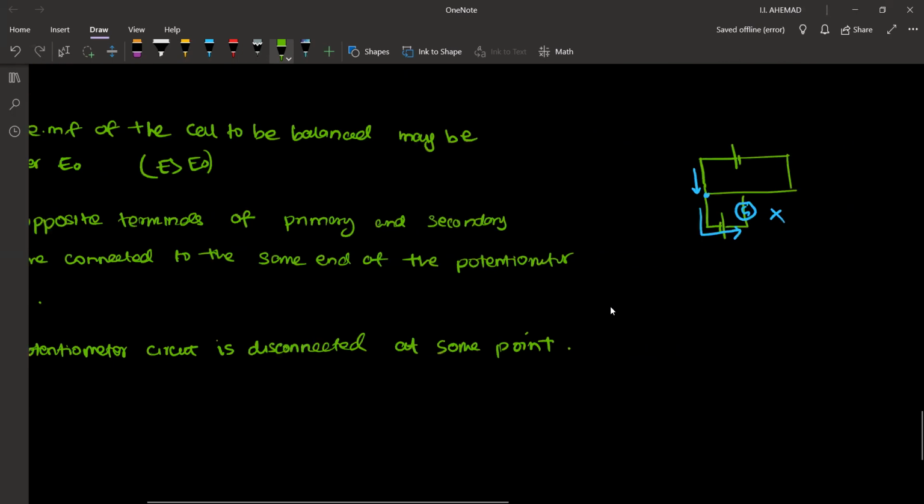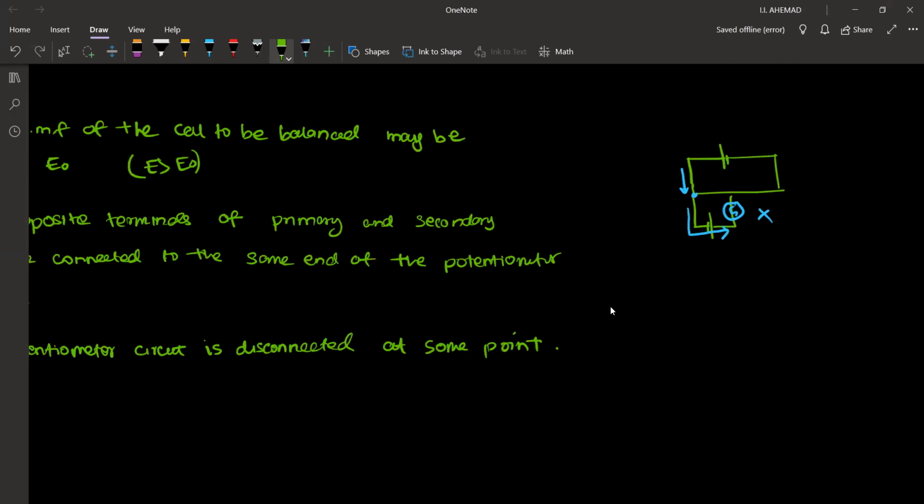Or this primary cell may be discharged a lot, where the EMF goes below the secondary circuit.